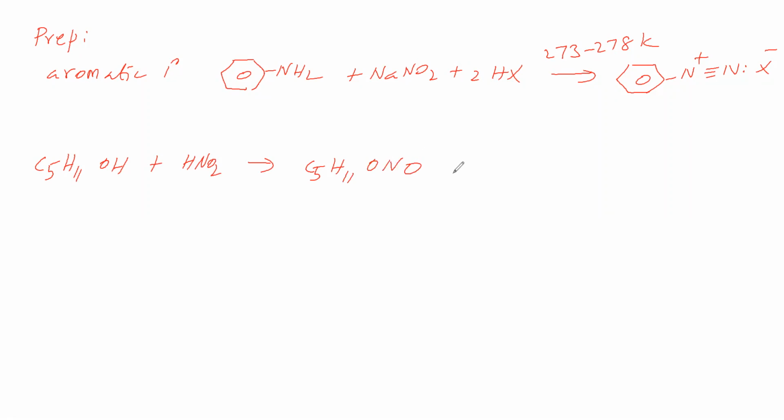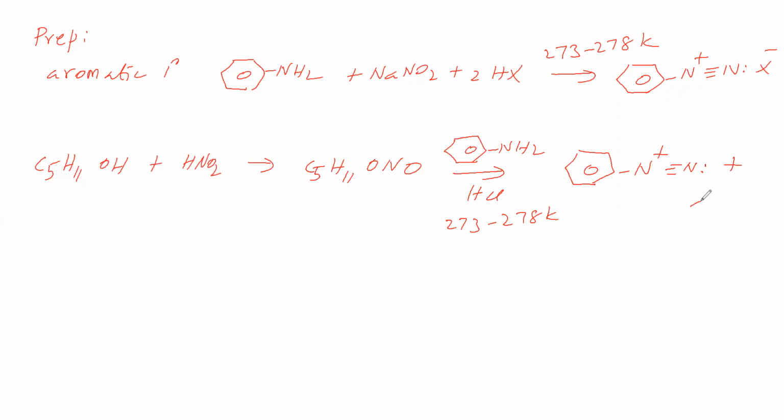To this ONO, we are adding an aromatic primary amine and acid, and we are keeping the temperature at 0 degrees Celsius to 5 degrees Celsius. So we are getting the diazonium salt. The alcohol will be regenerated, and water is produced.